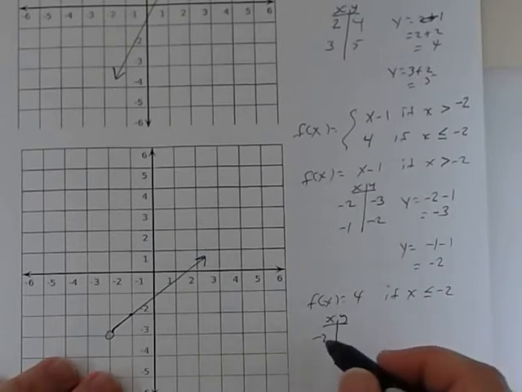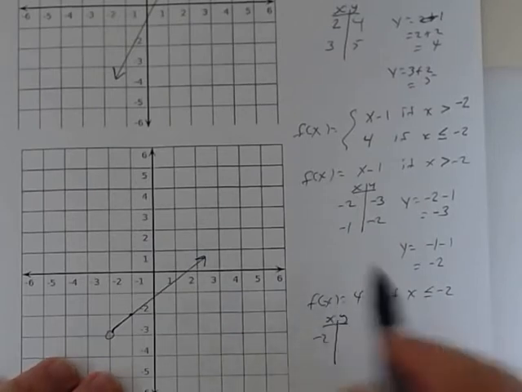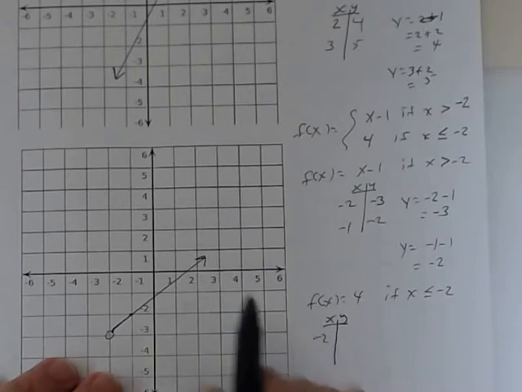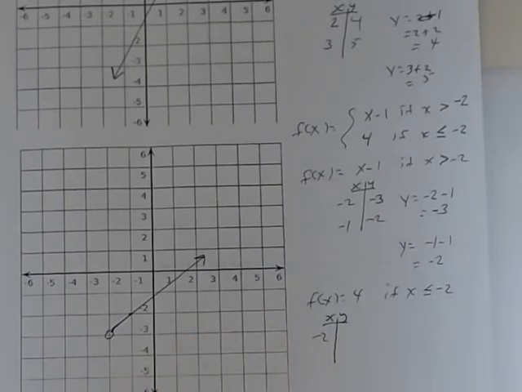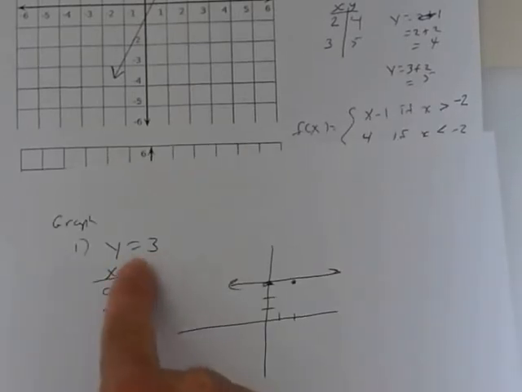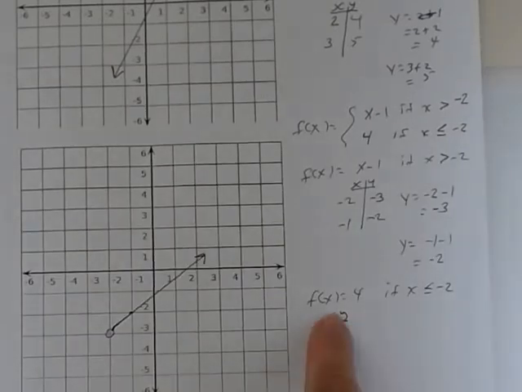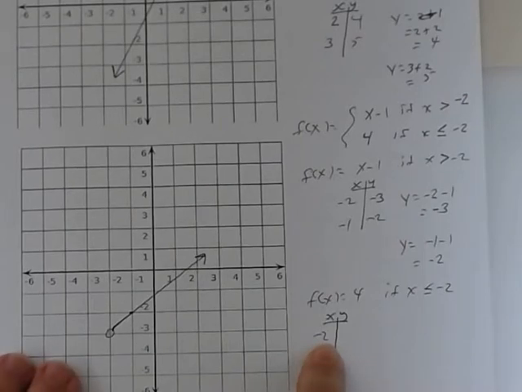Okay. So when x is negative 2, now don't let that confuse you. Think about the t-table I did earlier with y equals 3. This says y is always going to equal what? 3. This one says that y must always equal what? 4. So if x is negative 2, I don't care what x is. Y is going to equal what? 4.